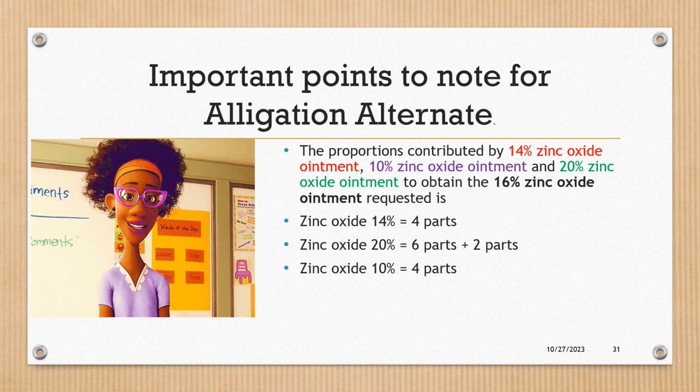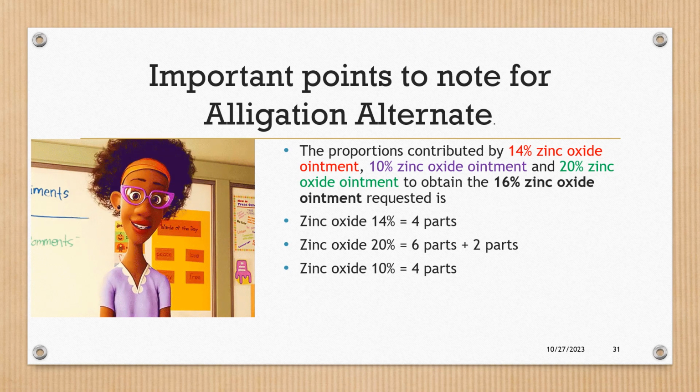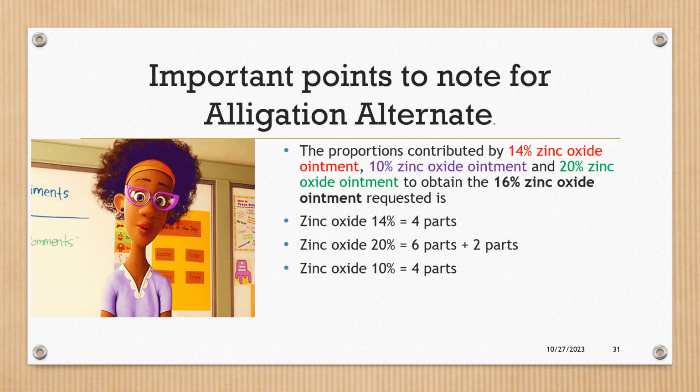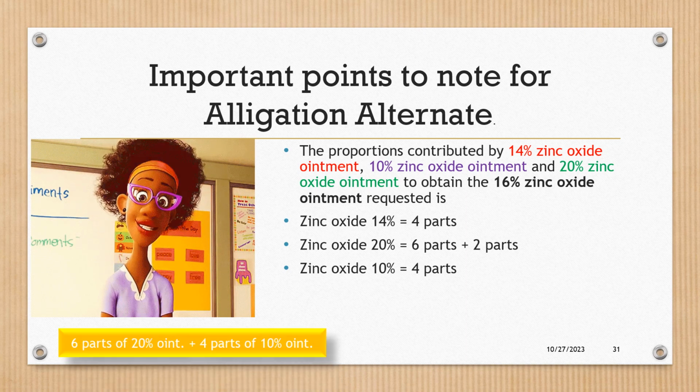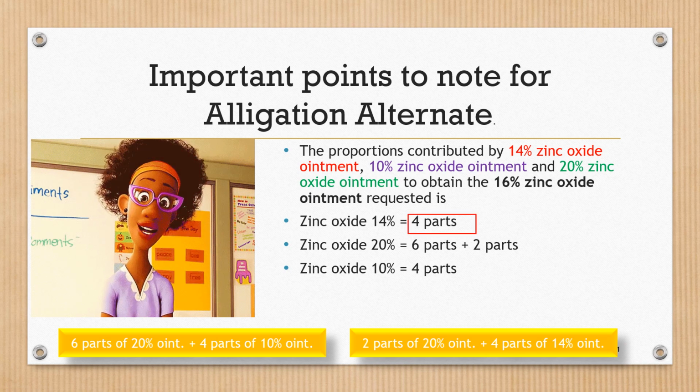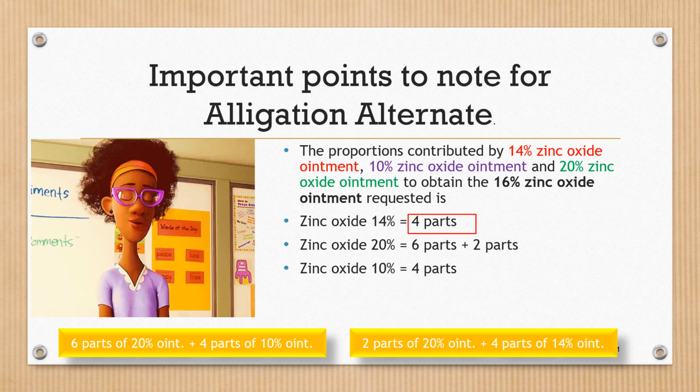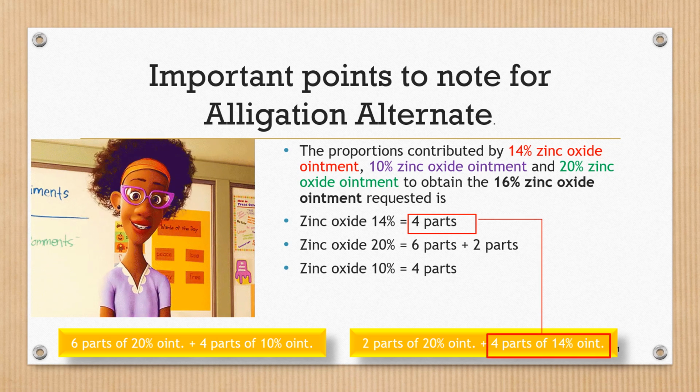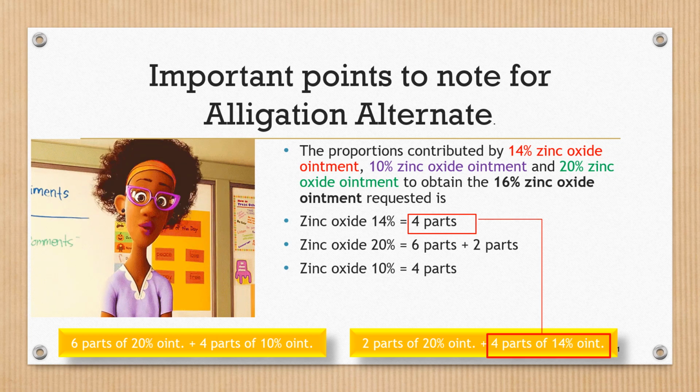And so now in this case, of course, you can characterize all of these in terms of the proportion contributed by each of the stocks that you used. So we had 3 stocks here: 14%, 20%, and 10%. How much was contributed by your 14%? That here is 4 parts of your 14%.